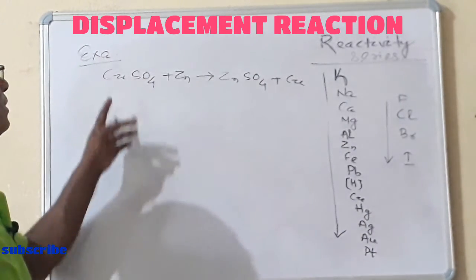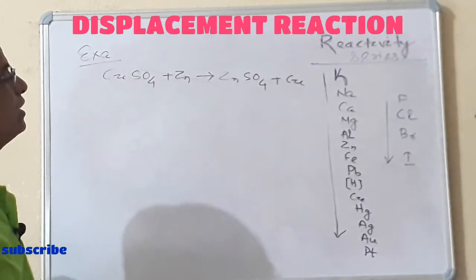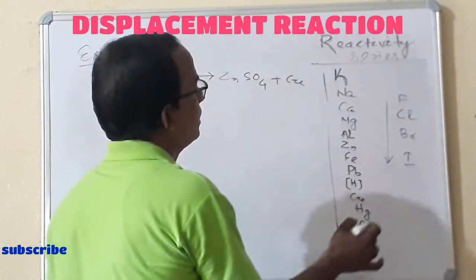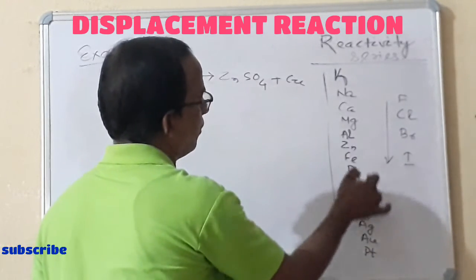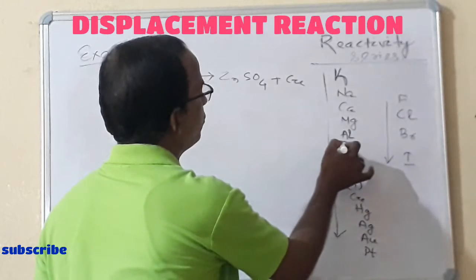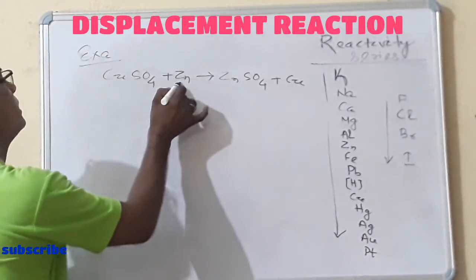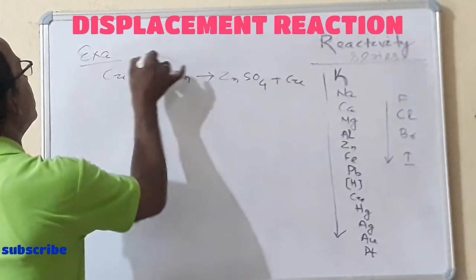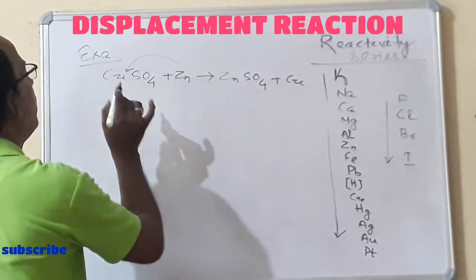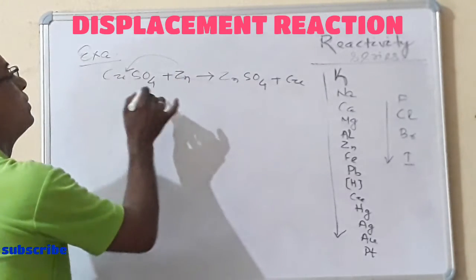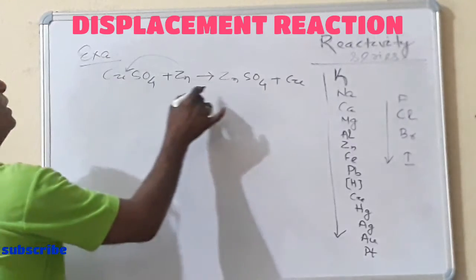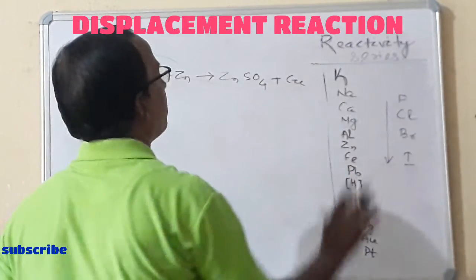Copper sulfate and zinc. Look at the reactivity series. Zinc is above copper, so zinc is more reactive than copper, and zinc displaces the copper. So zinc displaces copper from its copper sulfate solution to produce zinc sulfate, and copper is separated out.